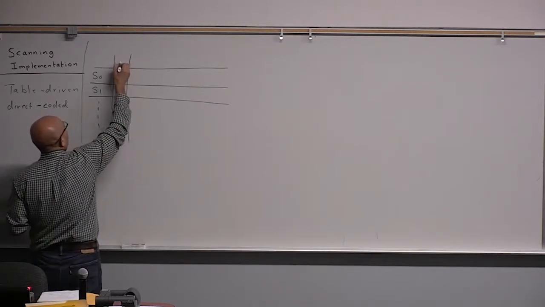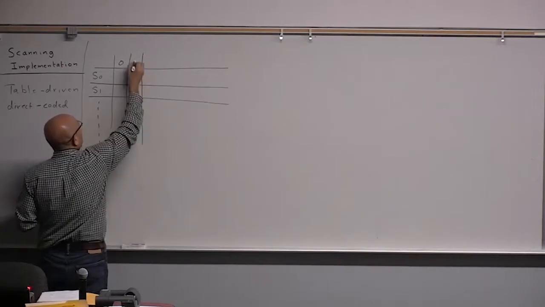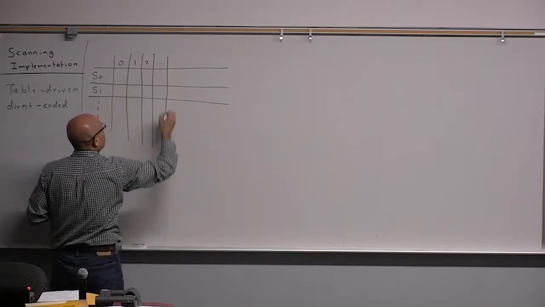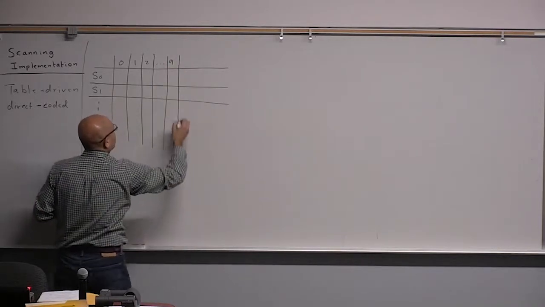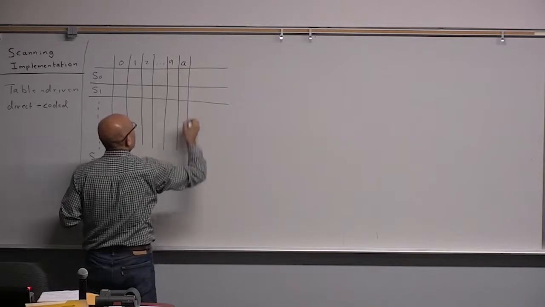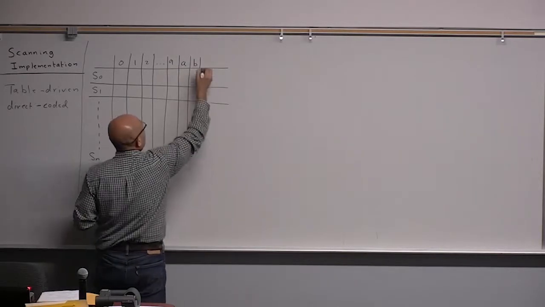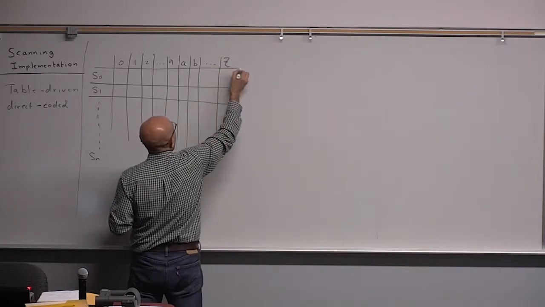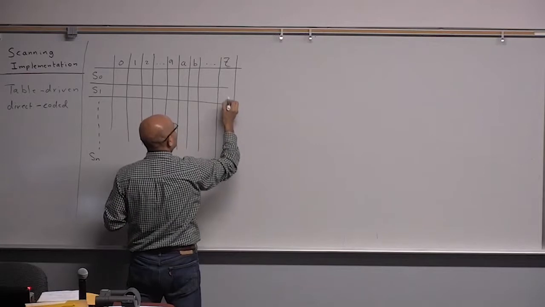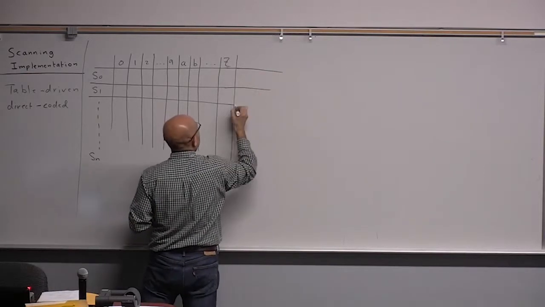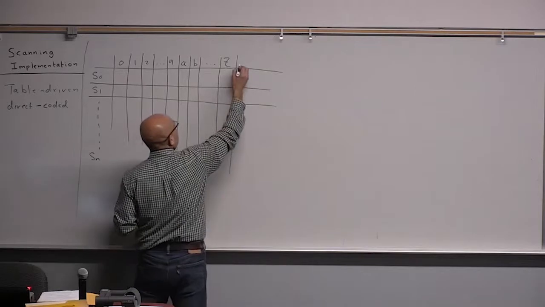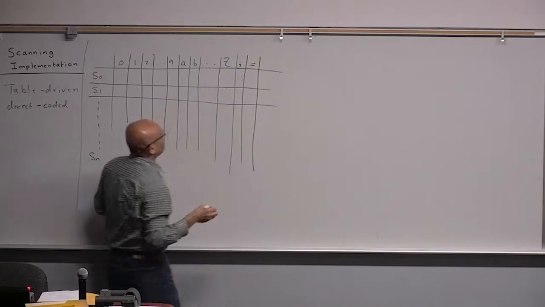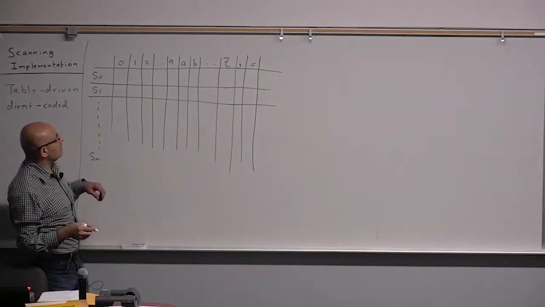Your symbols could be 0, 1, 2 through 9, and then the letters A, B through Z, and then all the different characters, like operators, for example, all the different characters that you can use in a program.